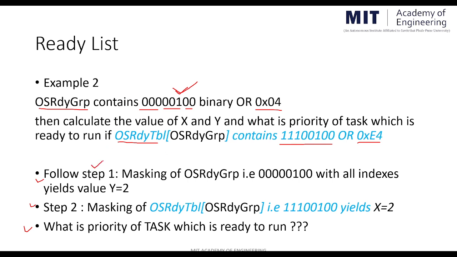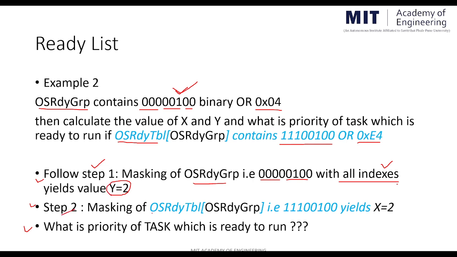Step 1 is to do the masking of OSRdyGrp, that is 00000100, with all the indexes present in the OSMapTbl. We first do the masking with each and every index, and then we yield the value 2.